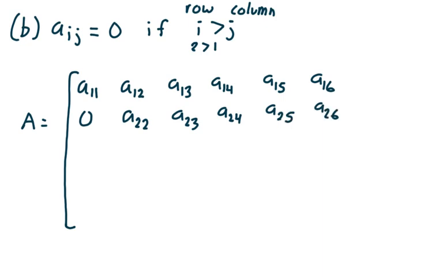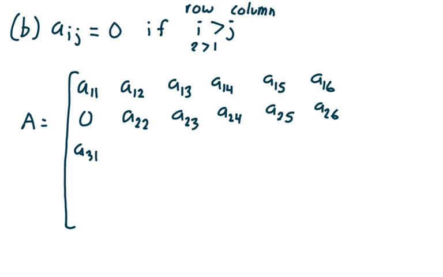Now, if we go to the third row, if I write an A31, A32, notice how this is the third row, first column for the first entry, and then third row, second column for that second entry. The row is bigger than the column.